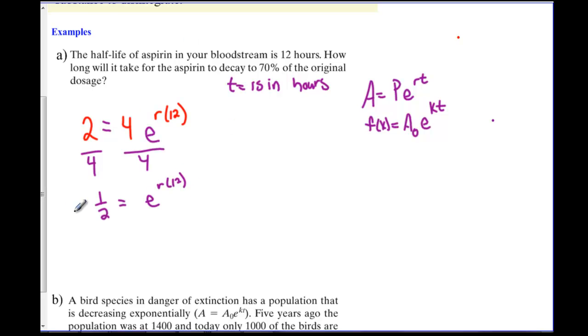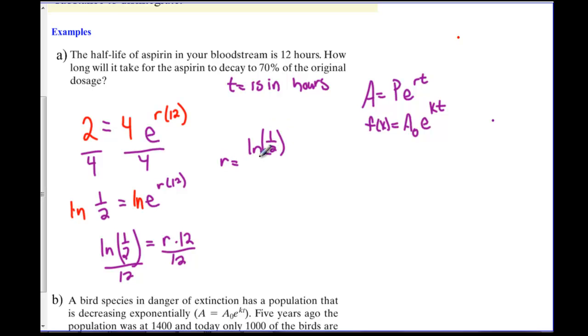Next, perfect, natural log. So we've got natural log of 1/2 equals, I'm going to pull this down, so R times 12, or 12R, whatever makes you happy. And then our last step, divide by that 12. So we're getting R equals the natural log of 1/2 over 12.